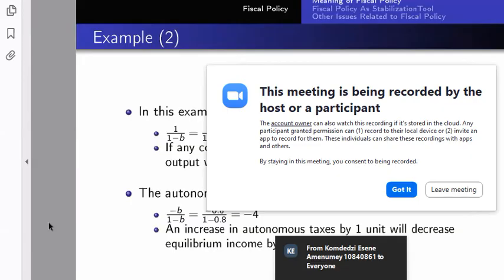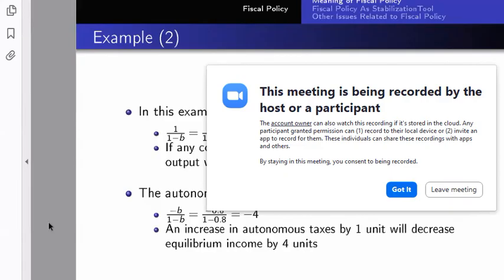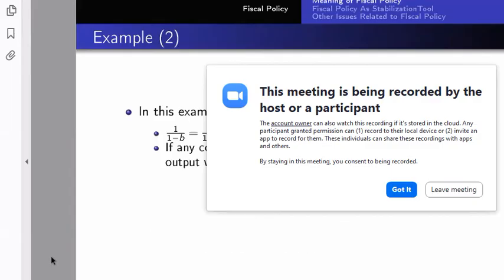It is constant. So this 5 is the value by which national income will change if any of the autonomous elements change. The autonomous elements we are referring to here are autonomous consumption, investment, and G. Now, to get the autonomous tax multiplier, don't forget it is minus B over 1 minus B, simply because of this equation we see here.